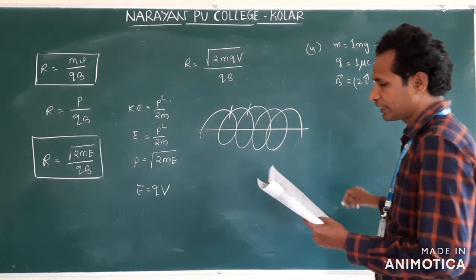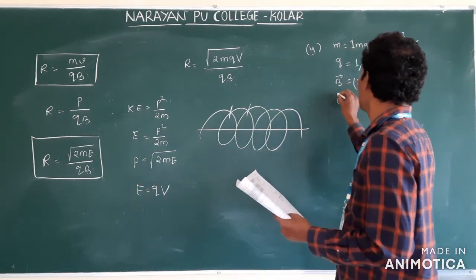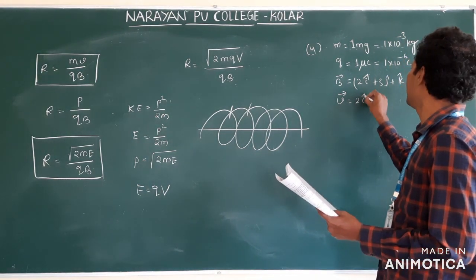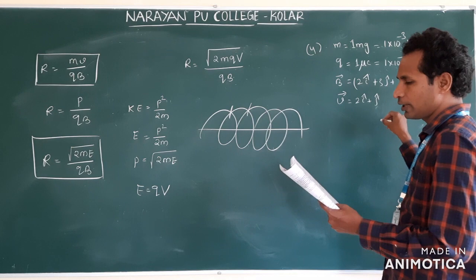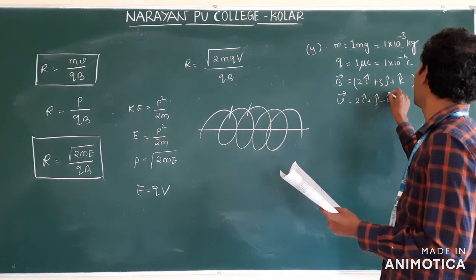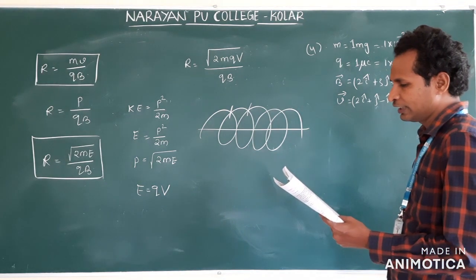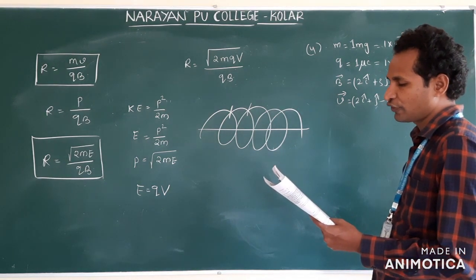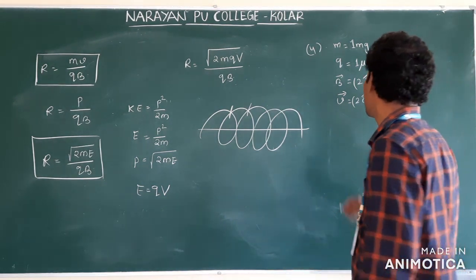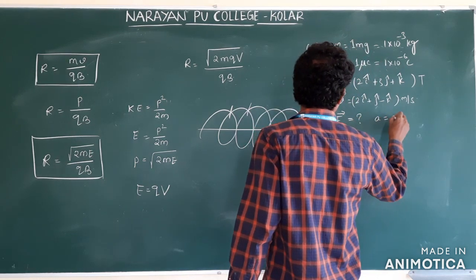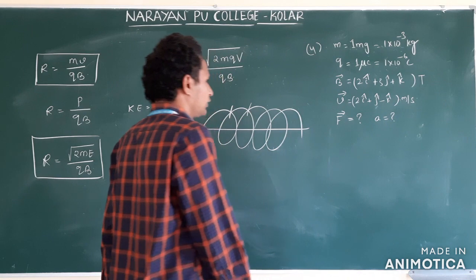Next, the velocity vector given: V is equal to 2 i cap plus j cap minus k cap meter per second. They are asking the magnetic force in vector form and the magnitude of acceleration. F they asked and a they asked.